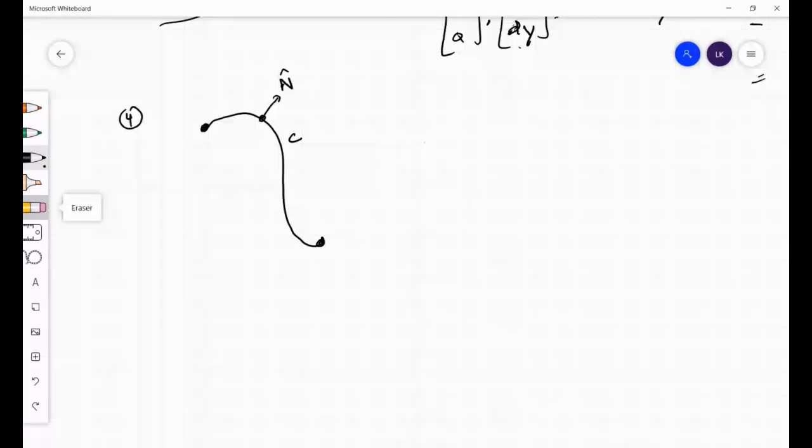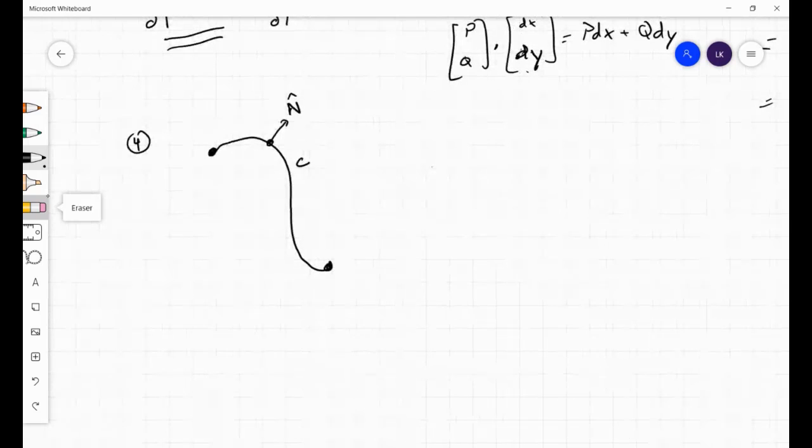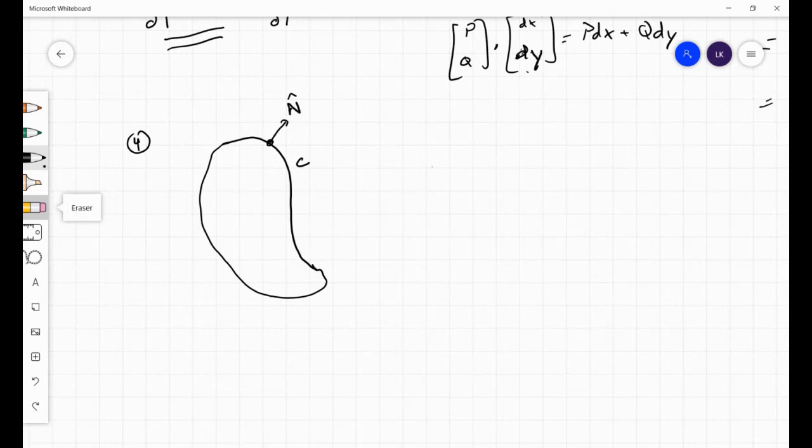Oh, wait a minute. So this is the divergence theorem, I guess, for the plane.